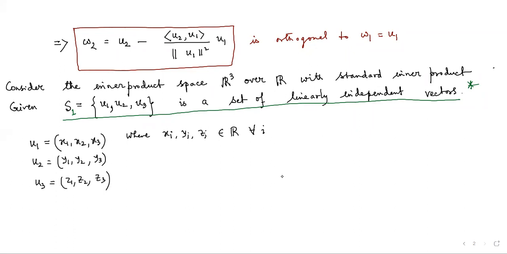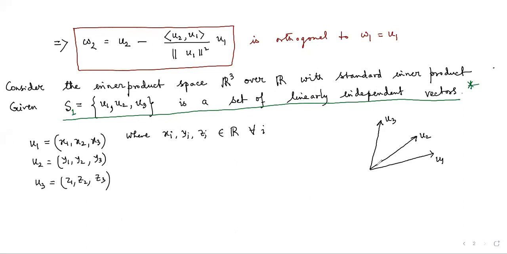And this can be the diagram. If this is u1, this may be your u2, and this is not orthogonal like this. This may be your u3. This is the figure. Three vectors I'm considering.